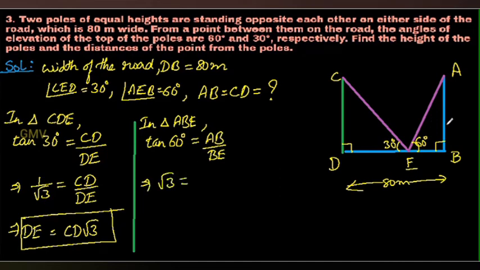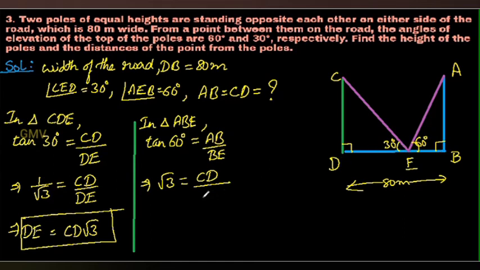So AB is nothing but CD, both are equal. So instead of AB, let us take CD by BE. BE is nothing but DB minus DE. So to get BE, we have to subtract DE from DB. So instead of BE, let us write DB minus DE.